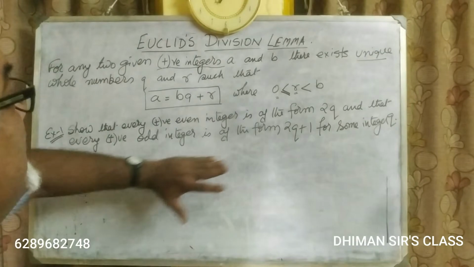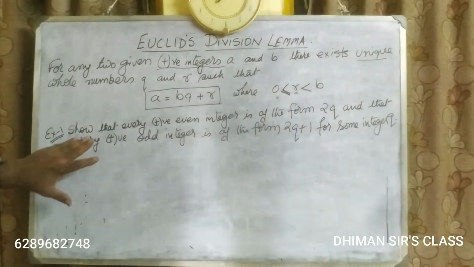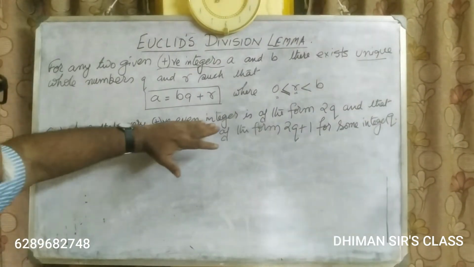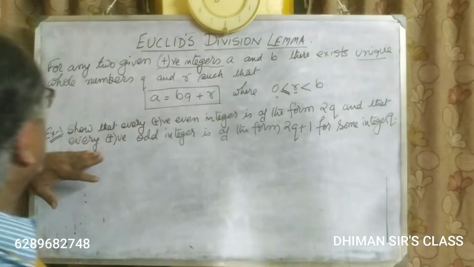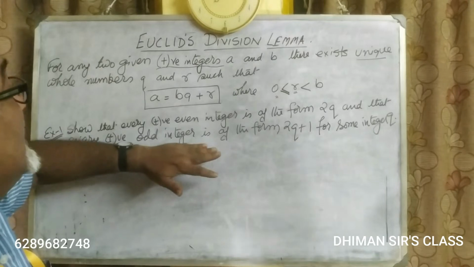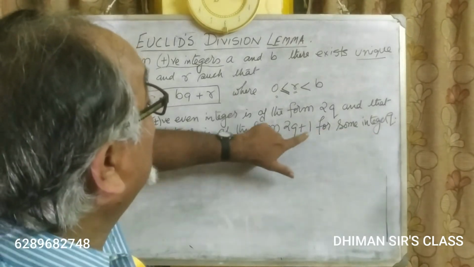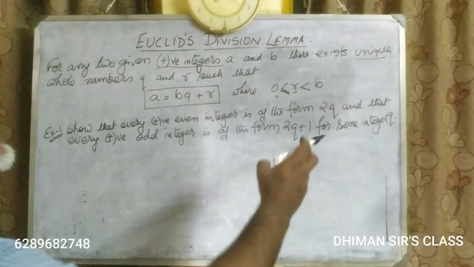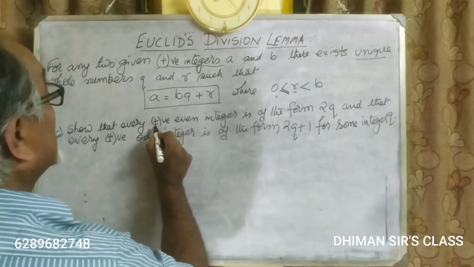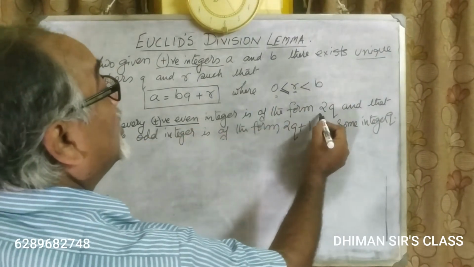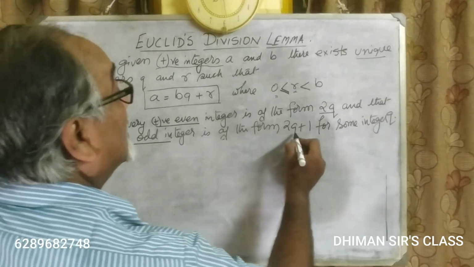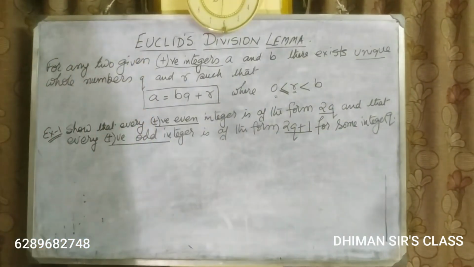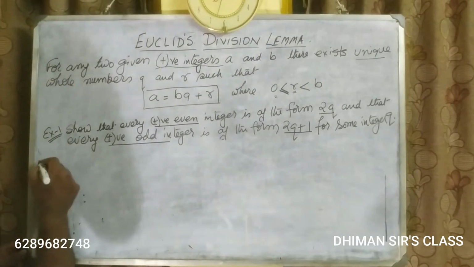Now students, see, this is the example. Show that every positive even integer is of the form 2q, and that every positive odd integer is of the form 2q plus 1 for some integer q. Means positive even 2q, positive odd 2q plus 1. So now, solution, see students.